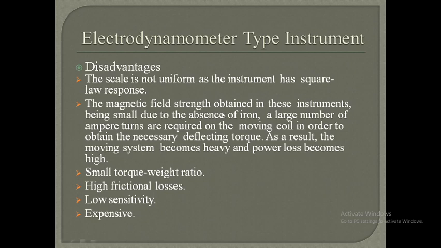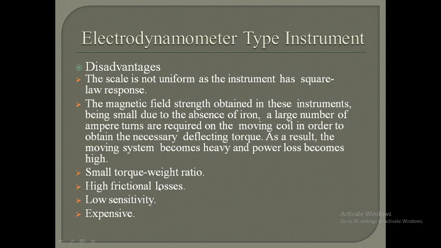The magnetic field strength obtained in these instruments is small due to the absence of iron. So a large number of ampere turns are required on the moving coil to obtain the necessary deflecting torque. As a result, the moving system becomes heavier and it can create frictional errors, due to which the power loss becomes high. So that is the disadvantage.